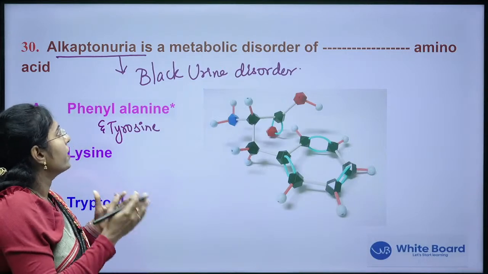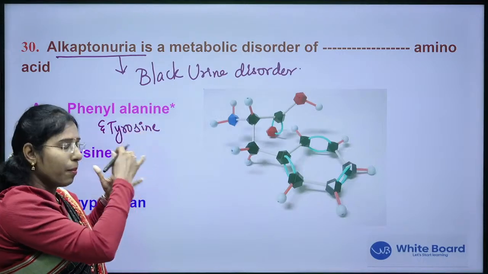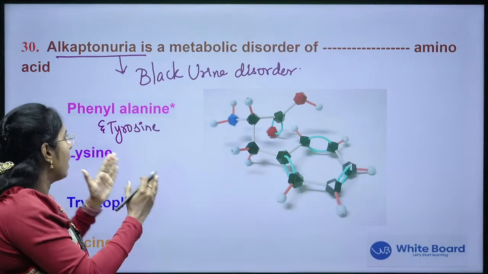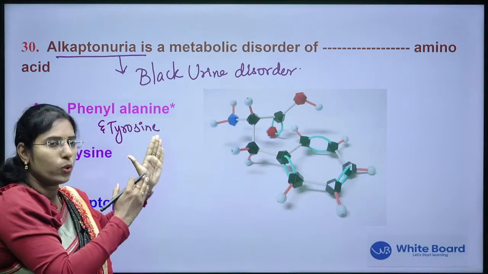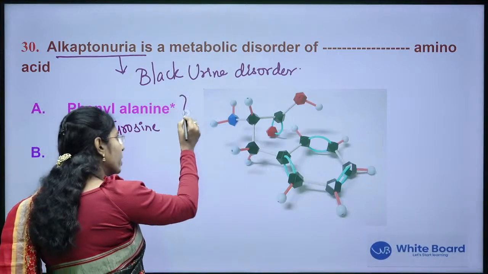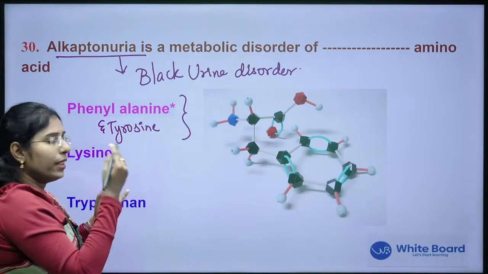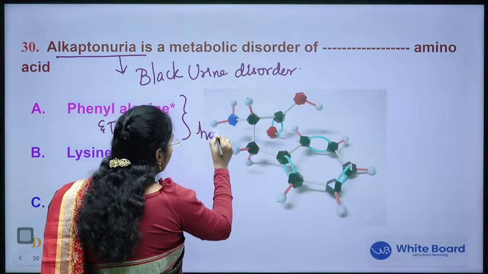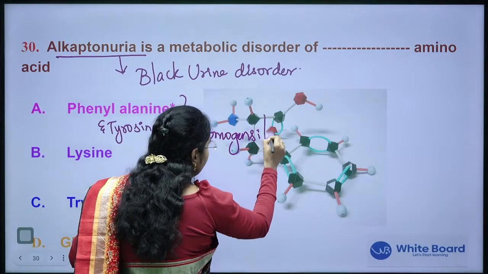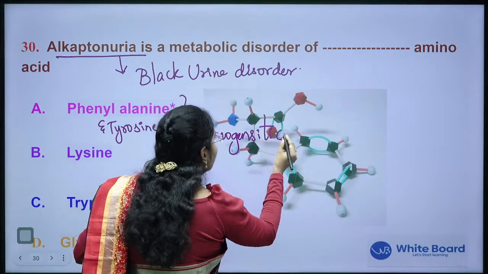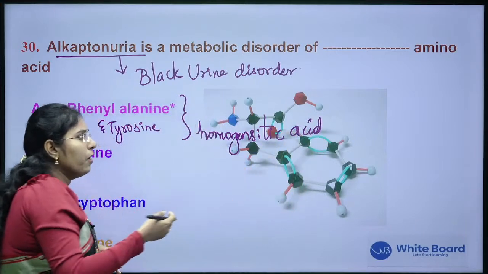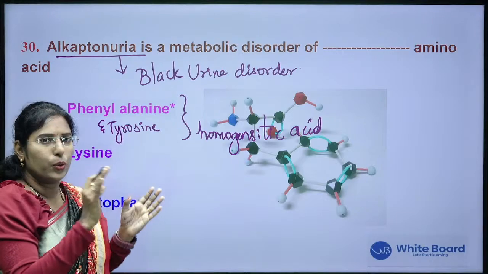So what happens, it is a genetic disorder. In some genetic disorder conditions, the enzyme will not be available for converting phenylalanine and tyrosine into metabolites. Generally during this metabolism, it will give homogentisic acid, which is responsible for the black color of the urine.